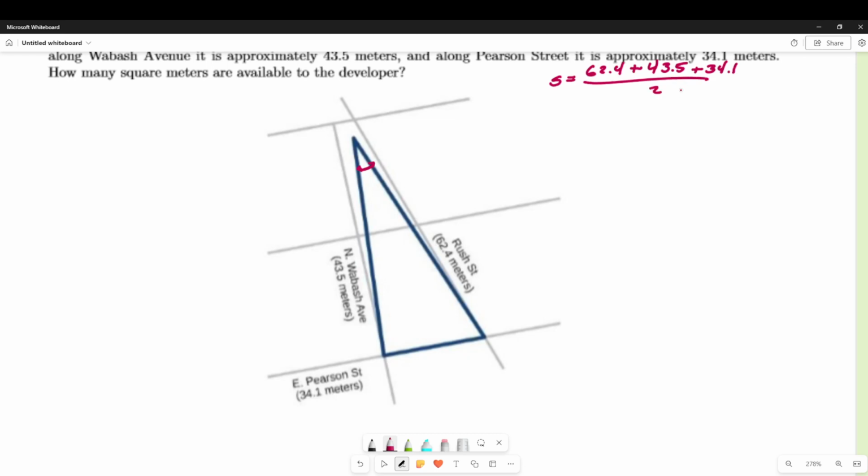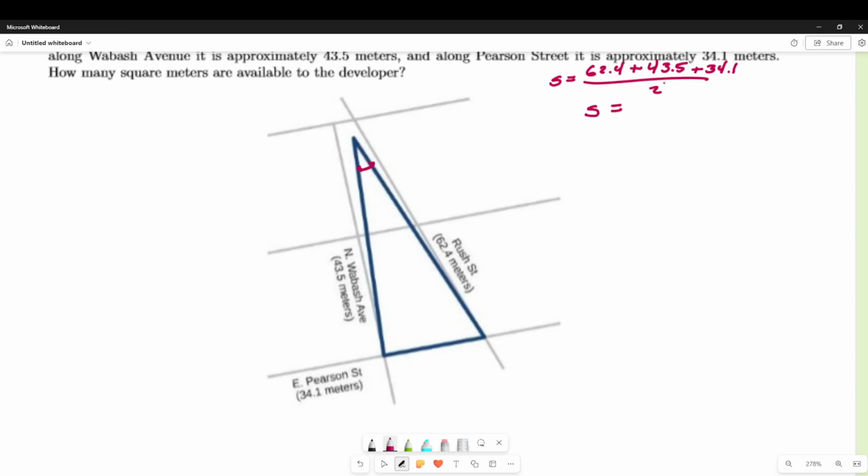So half of the sum of the sides: 62.4 plus 43.5 plus 34.1 divided by 2. 70. Nice.